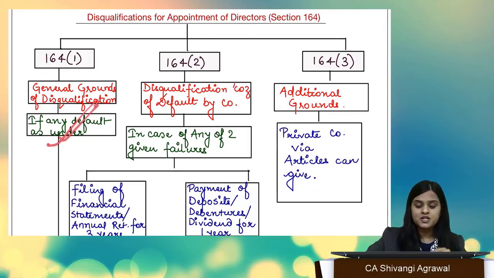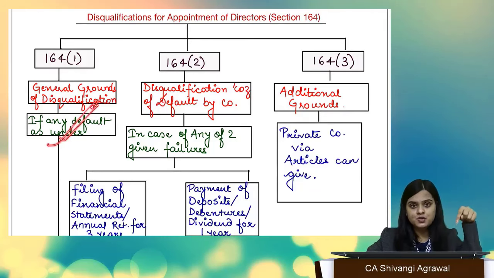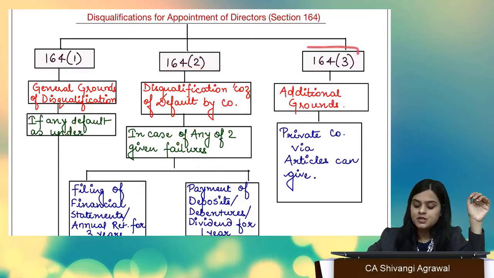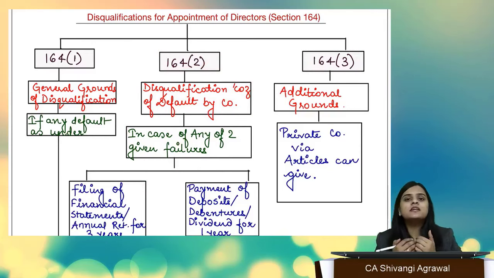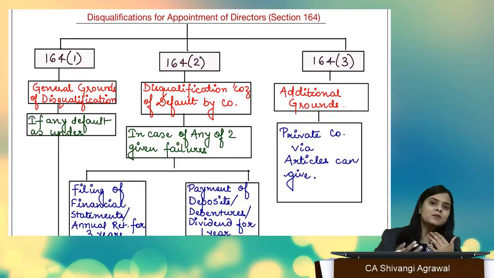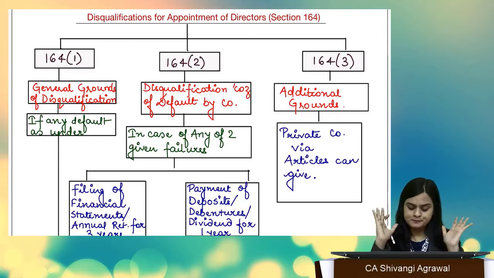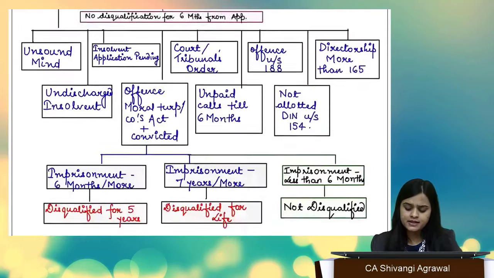These disqualifications are attracted to a director. If you are not a director of any company, there is no point of this particular subsection. And section 164(3) talks about additional grounds of disqualification. That is, a private company has been given the power that you can provide additional grounds of disqualification also. Okay, ma'am. Let's read them one by one.